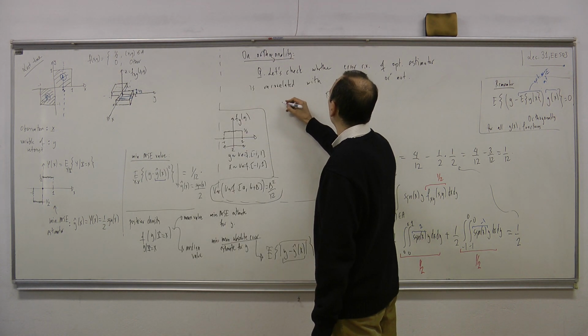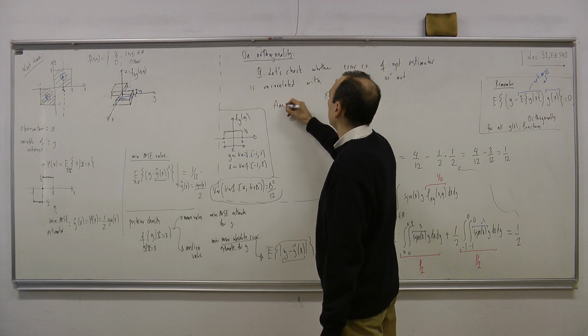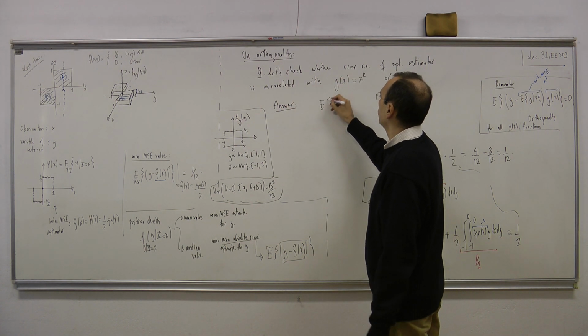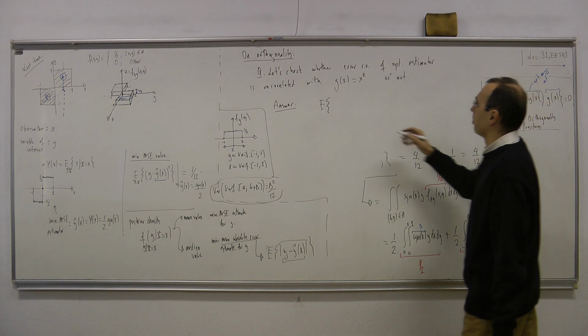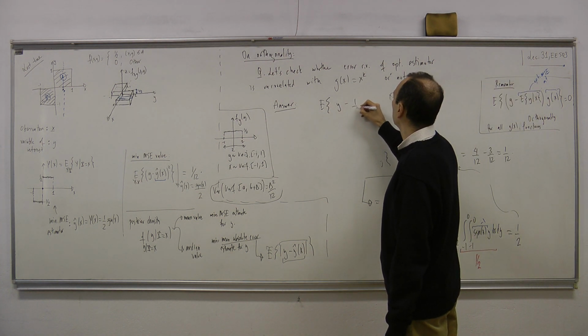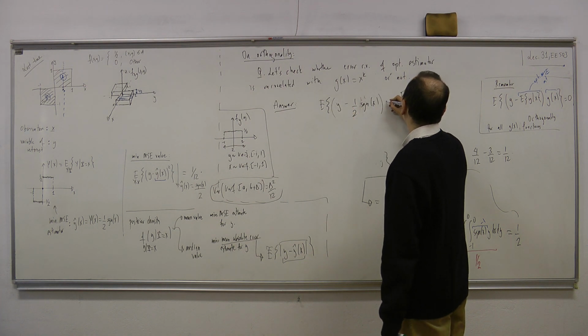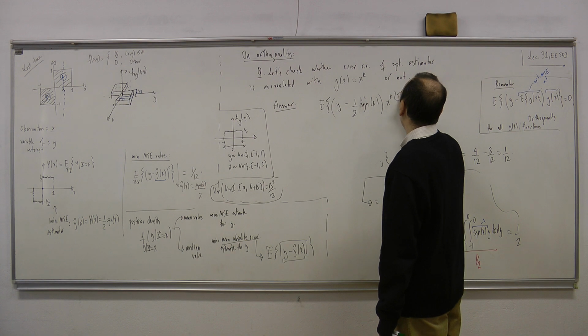So let me say answer, or you may say the solution. So I'm writing this error one more time. Y minus 1 over 2 signum x times x to the power k. Okay?